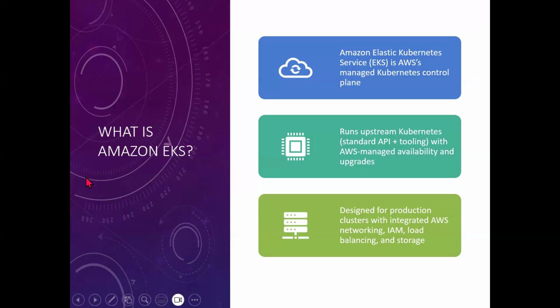EKS is designed for production clusters with integrated AWS networking, IAM, load balancing, and storage. AWS networking, what services do we think of here? What services are we talking about when we hear about AWS networking?